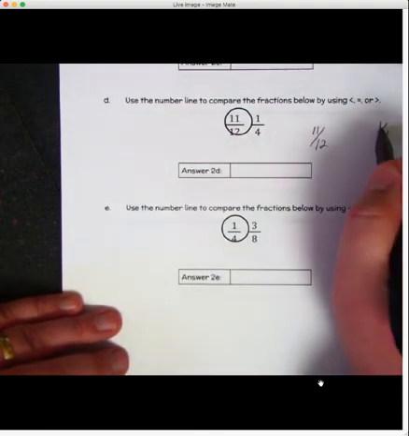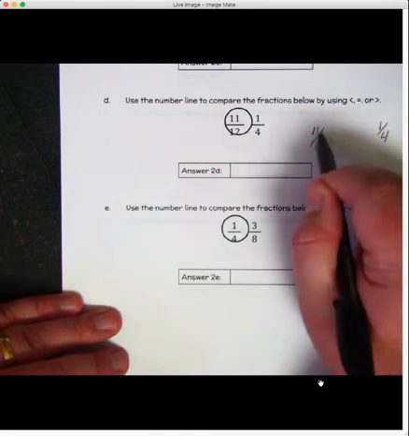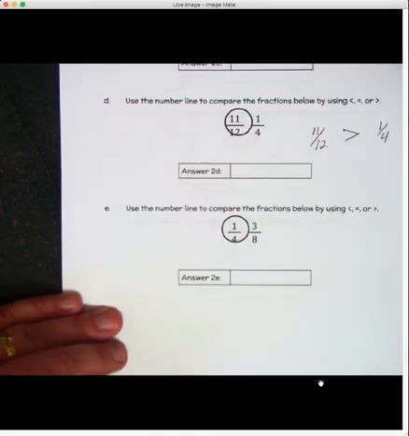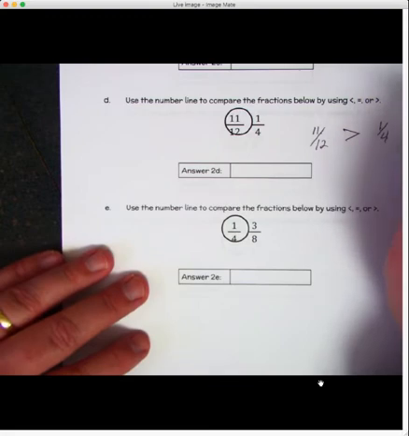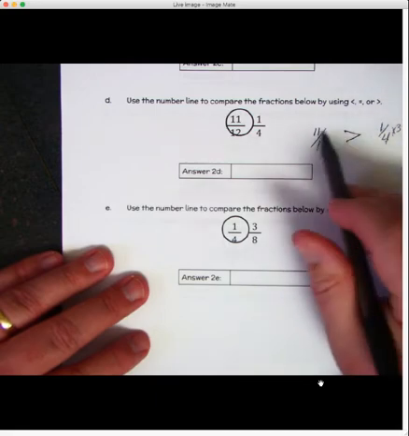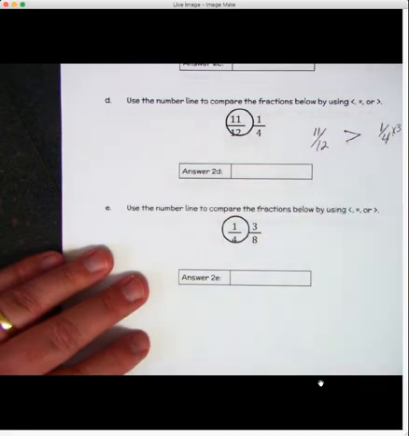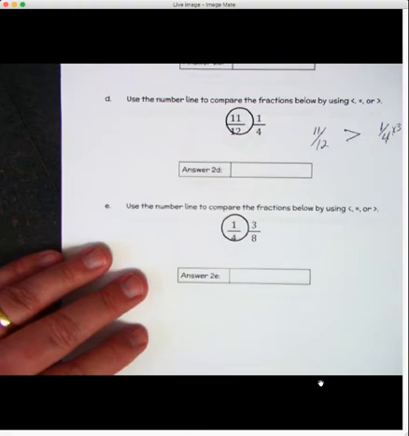But this one's going to be less than half. This one's going to be more than half. So the 11/12 is larger, is greater than 1/4. Again, another way to do that is if we made the 4 a 12, by multiplying by 3. 4 times 3 is 12. 1 times 3 is 3. So 3/12 and 11/12. Obviously, 11/12 is bigger.